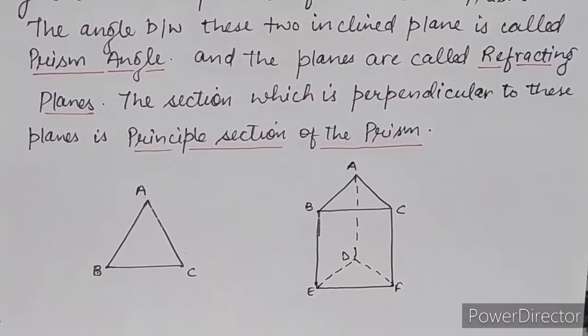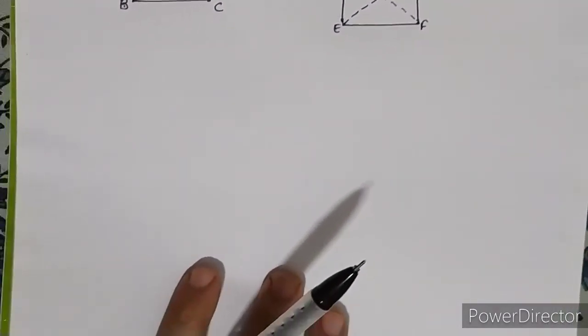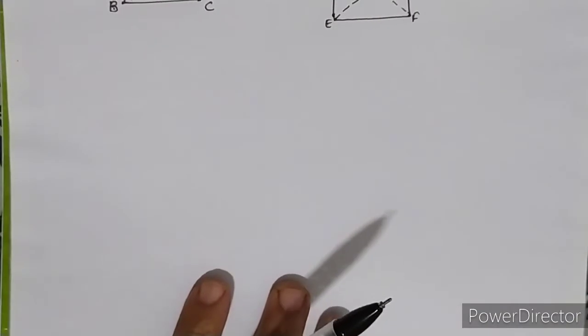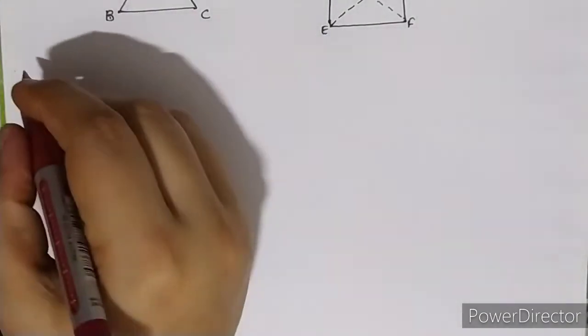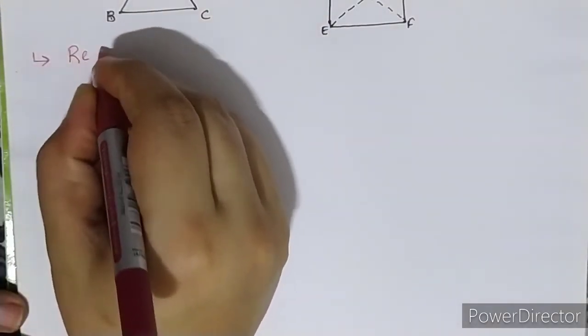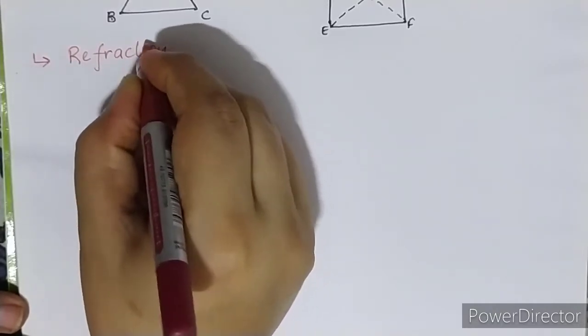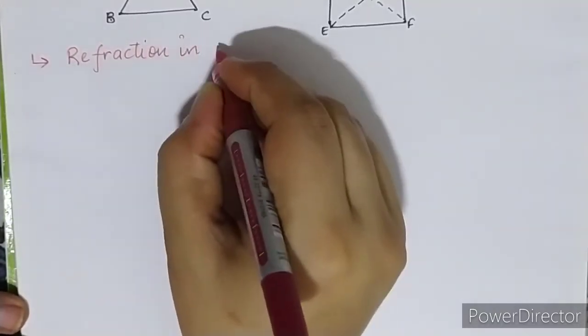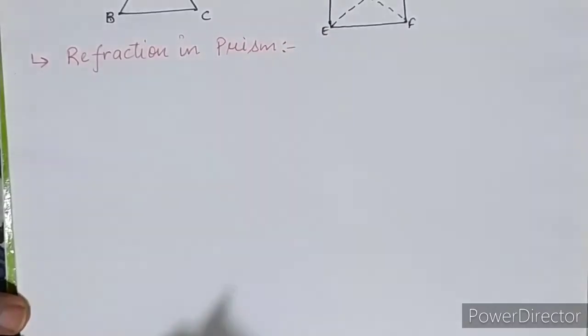Now moving ahead with the subtopic of how the refraction phenomenon is applicable in a prism. So we are proceeding ahead with refraction in prism. This we are going to discuss.